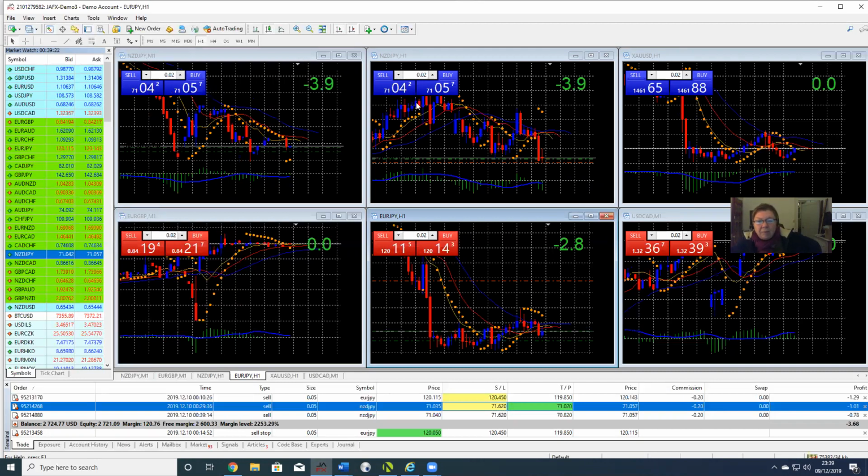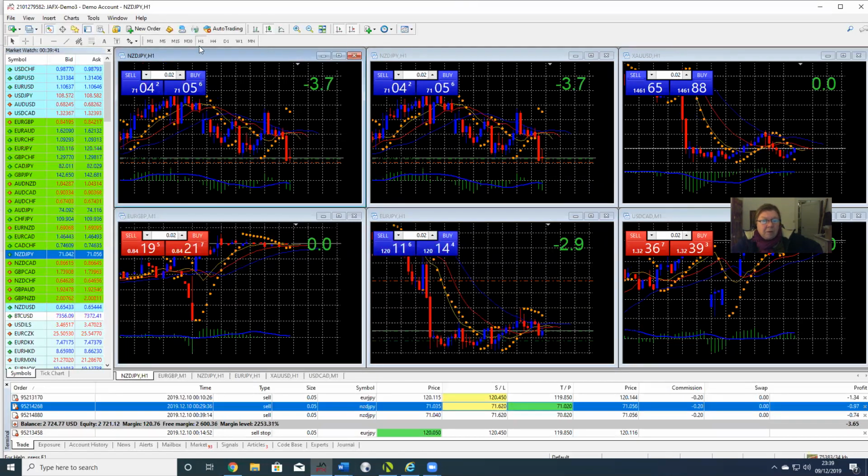So sometimes what happens is that some brokers combine the pips on one screen and some leave them separate. So we've got 2 orders. So it looks like it's separate at the moment.